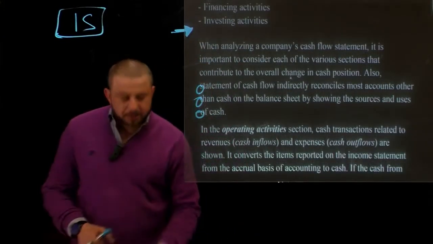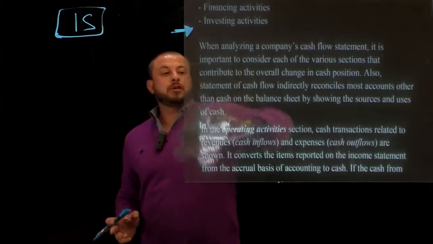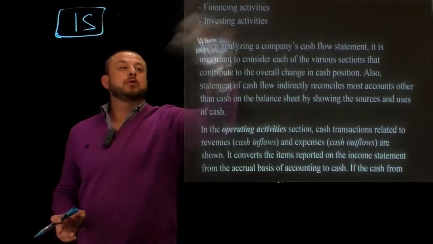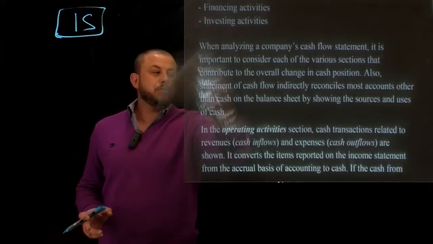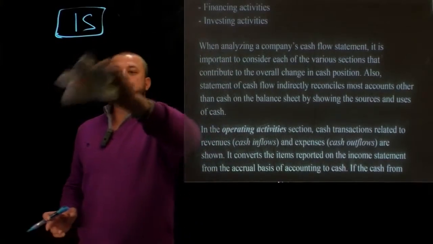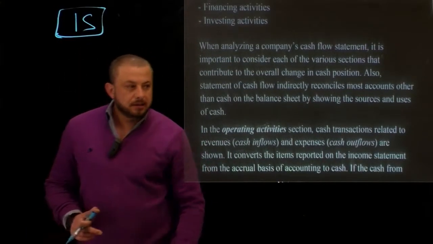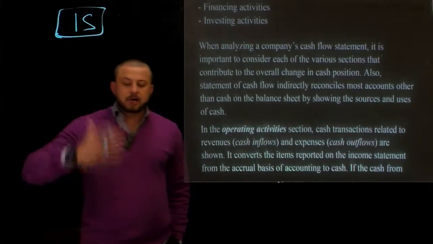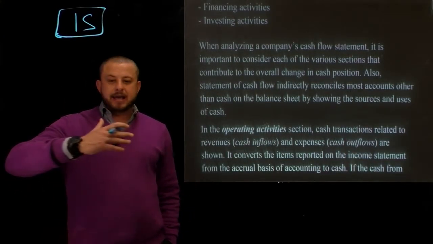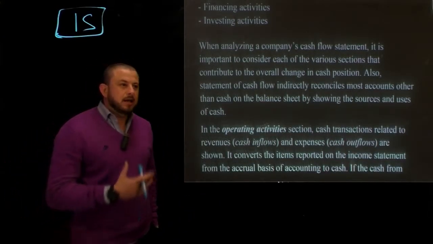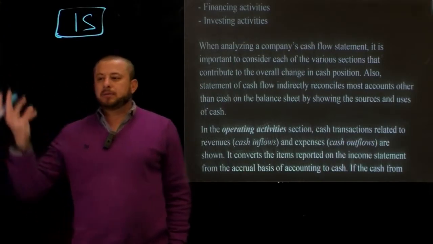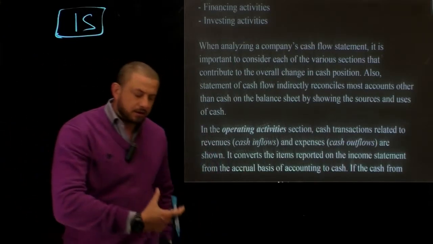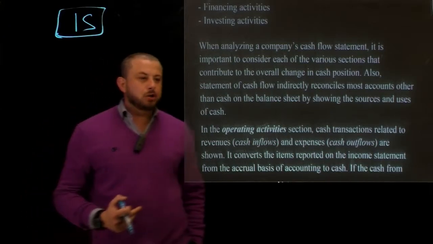When analyzing a company's cash flow statement, each of the activities becomes very important, because it shows the sources and the uses of the cash, how the companies use the cash, and how they calculate it, and then they come up with the cash on hand from the prior year until the current year. They show everything.